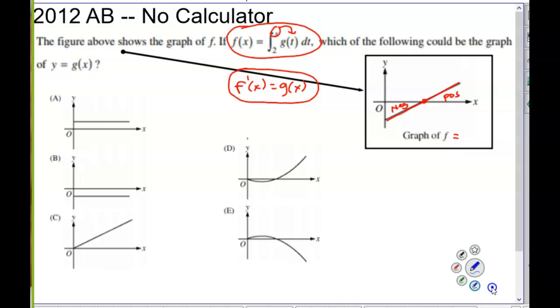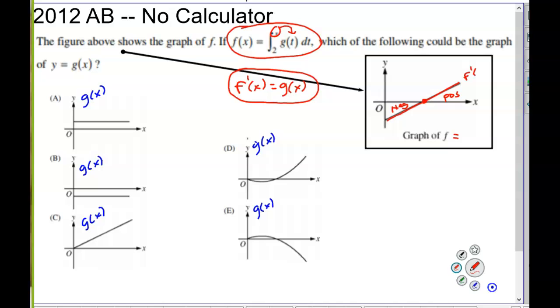And these are the graphs of g, right? What are you guys thinking right now? Which ones help you out? How about this? This red line.